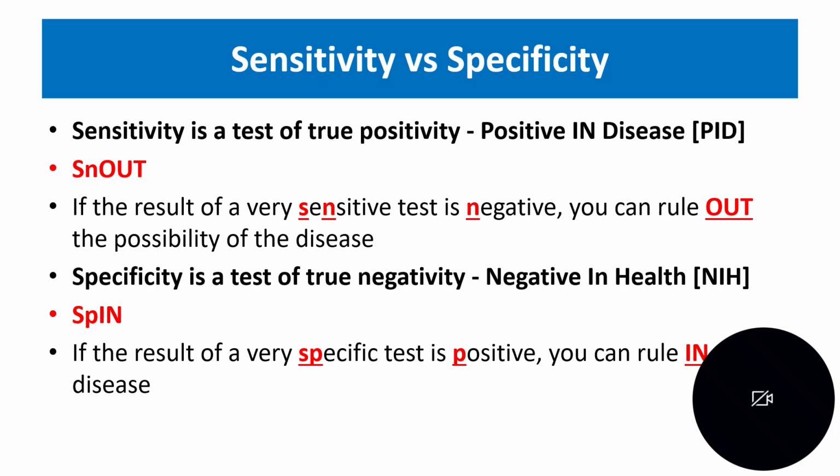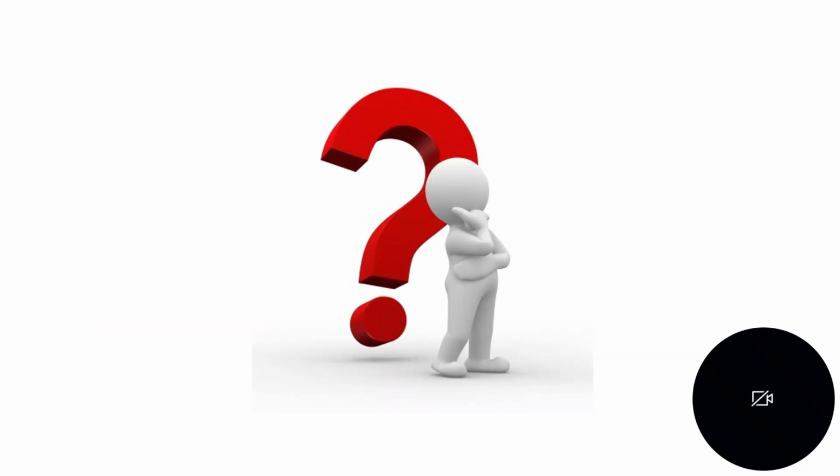You may get it in the form of an extended multiple choice question where you have a clinical vignette and I'm asking you which of the 5 choices are the 2 most correct choices. Okay. Any questions?